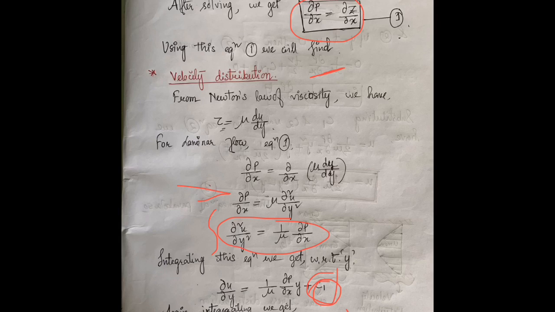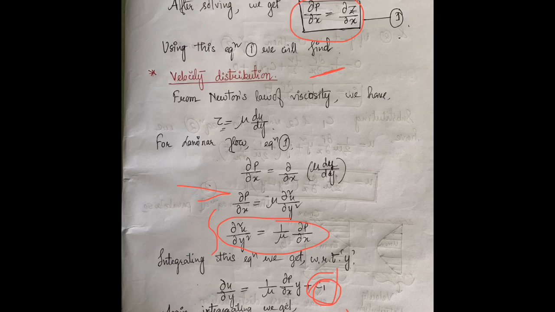What will be the boundary conditions? As you know, the two plates are separated by distance t, and we have considered a fluid element ABCD, which is at a distance y from the lower boundary.